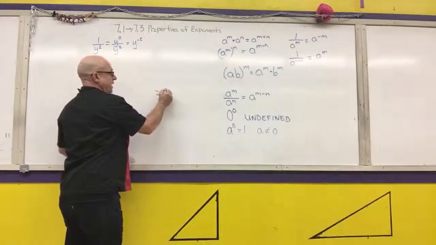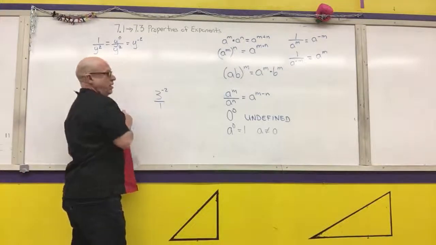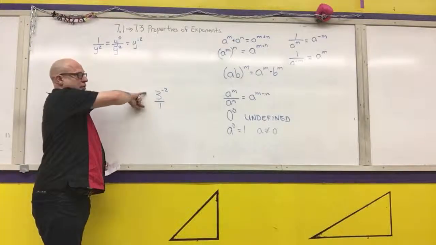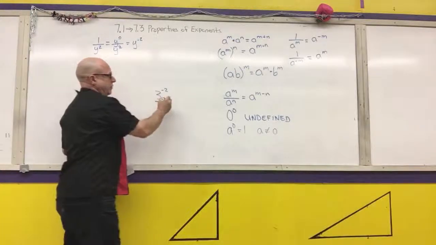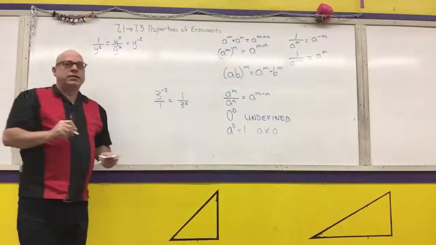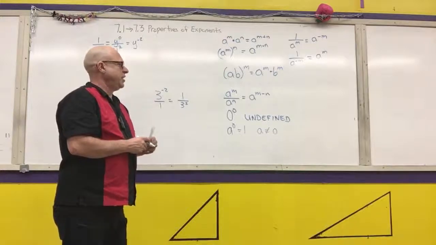So if I go 3 to the negative 2, 3 is actually 3 over 1. It says to flip it over and then change that exponent to a positive. So a negative exponent says to flip it over, or take its reciprocal, and change the exponent to a positive.